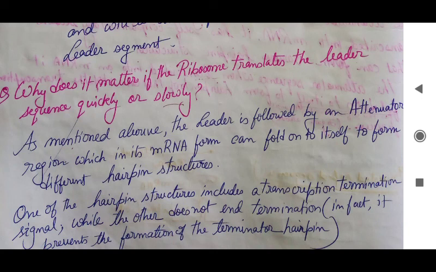As mentioned above, the leader sequence is followed by an attenuator region, which in its mRNA form can fold onto itself to form a hairpin-like structure. Not only one type of hairpin, an attenuator can form different types of hairpin structures.